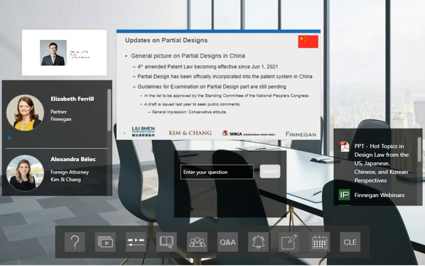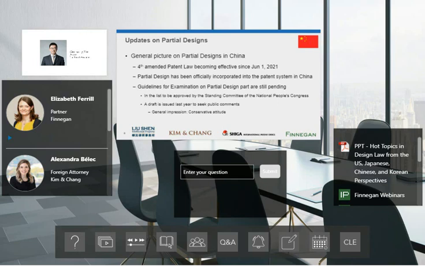However, a draft of such guideline was issued last year, seeking public comments. Although it is a draft, from our view we believe it is very close to the final version. So from that draft, we get some general impression about the partial design practice in China from the CNIPA.